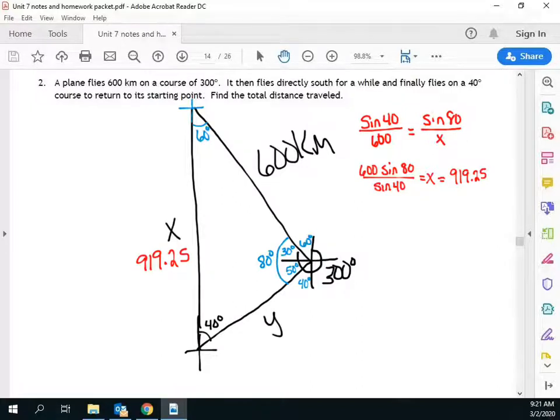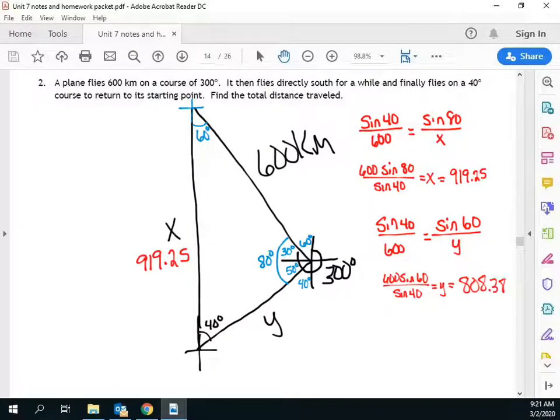Now let's go ahead and finish off with the other leg. And unfortunately, you have to do the exact same thing. So, sine of 40 over 600 is equal to the new angle that Mason found, which is sine of 60 over Y. And so you should end up with 808.38.